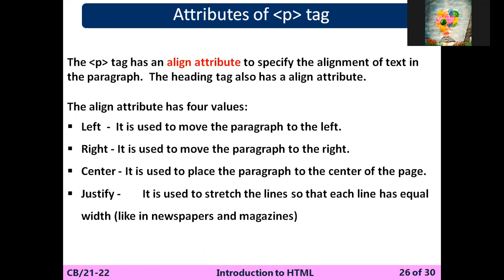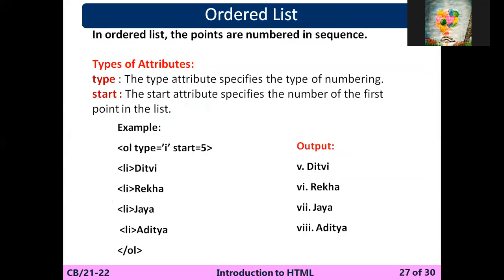So if you want to insert numbering and bullets in your web page, you have to use lists. There are four types of lists used in the web page.